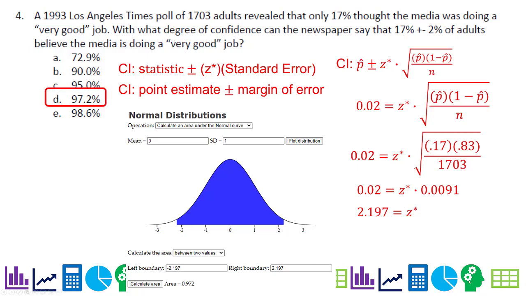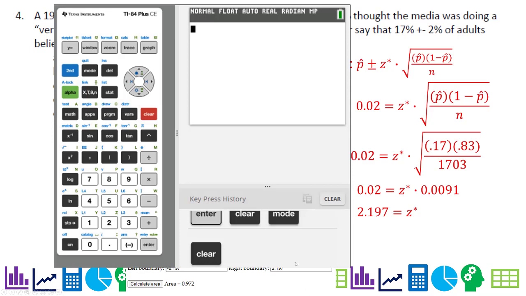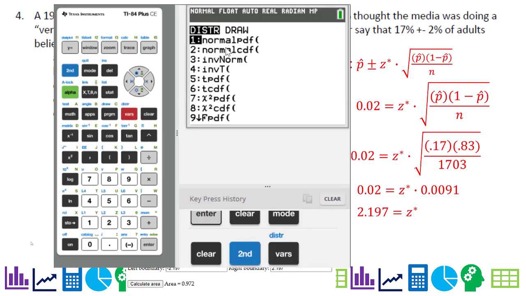All right, now let's show you how to do it with the calculator. We're trying to find the confidence level, which would be the percent of area. So I want second distribution. We're using the normal, and our choices are normal CDF and inverse norm. Since we're dealing with critical values, it's tempting to go to inverse norm, but I actually have my critical value.